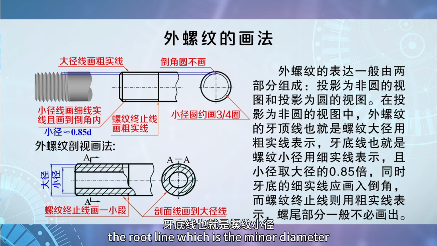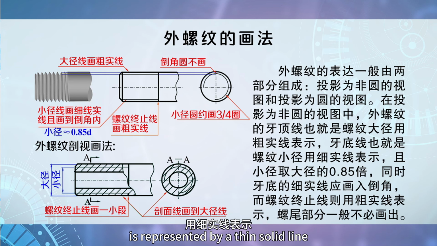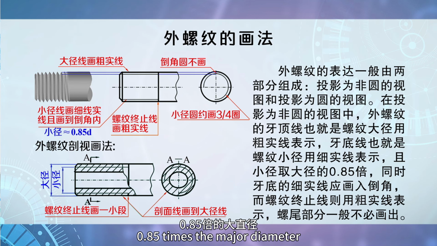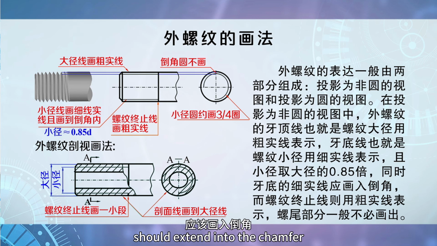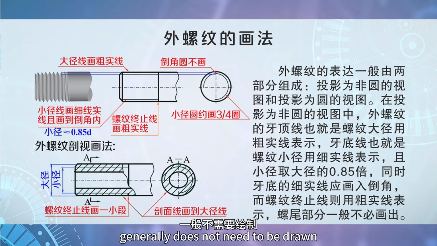The root line, which is the minor diameter, is represented by a thin solid line. The minor diameter is taken as 0.85 times the major diameter. Meanwhile, the thin solid line of the root should extend into the chamfer. The thread termination line is represented by a thick solid line. The tail end of the thread generally does not need to be drawn.